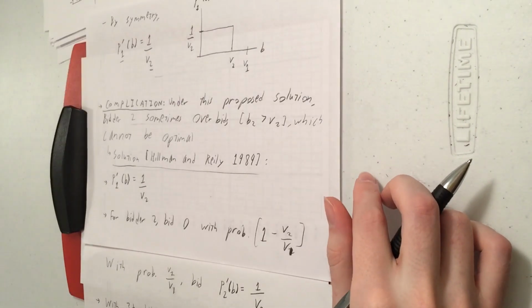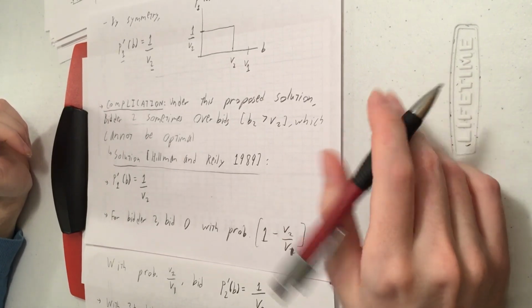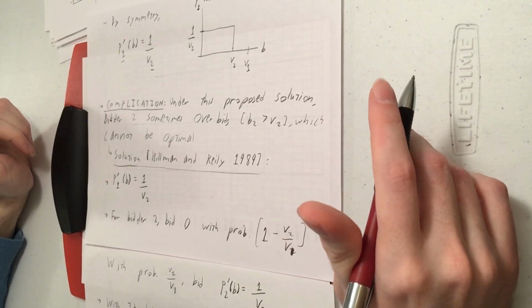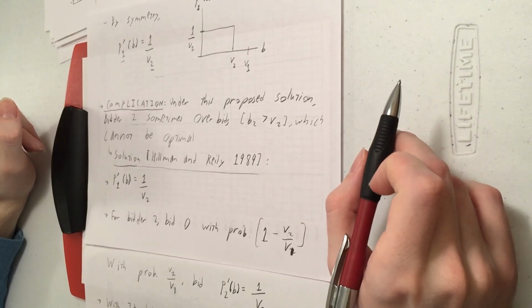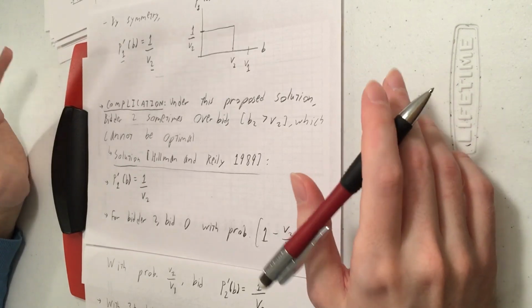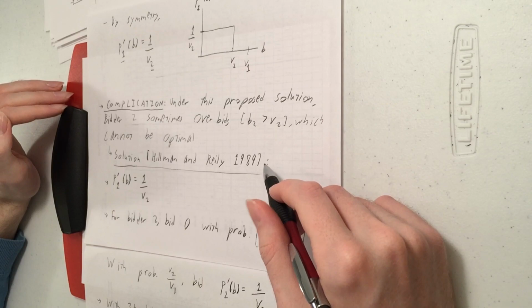So that's what happens when you have 2 bidders. Now what if you have 3 or more bidders and they all have different values that they place on the item? So the paper goes on to solve that problem as well.